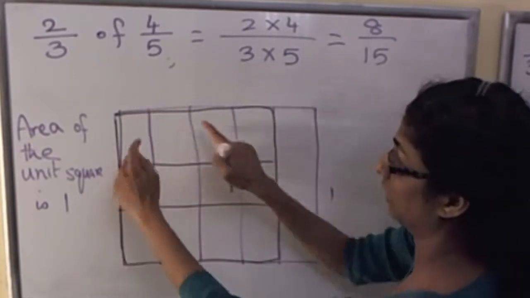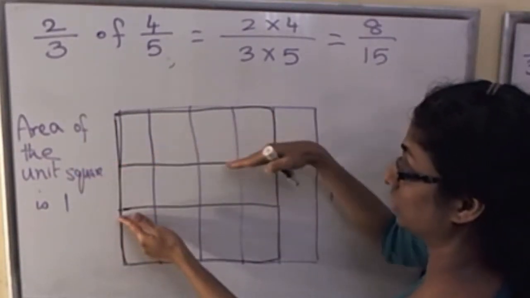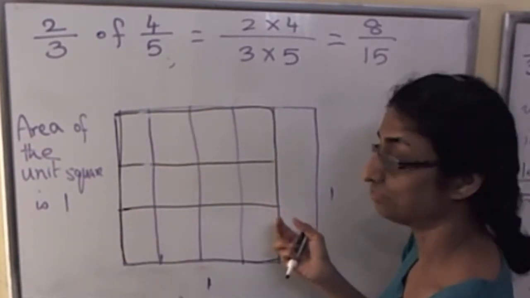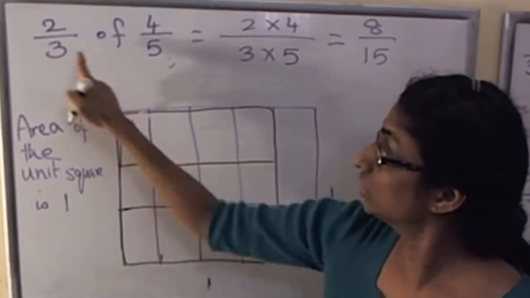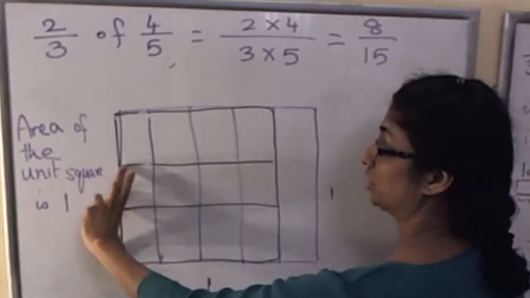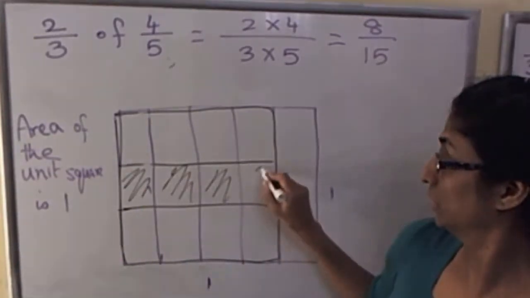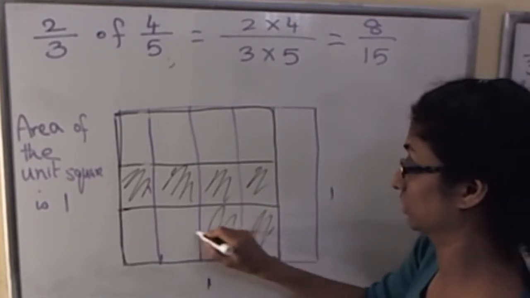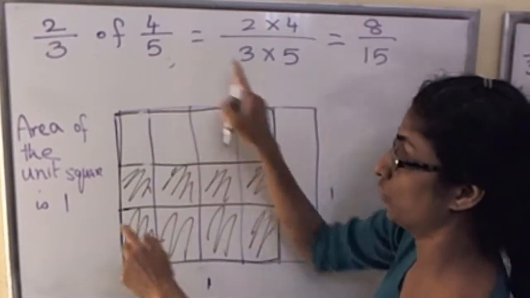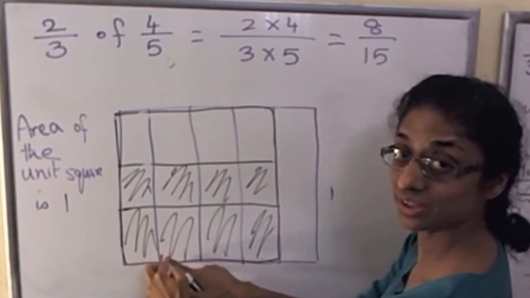So this black rectangle is now divided up into 1, 2, 3 parts of equal area. And now this 2 tells us to consider 2 of those parts. So let me do the shading. So 2/3 of 4/5 will mean the area of this shaded region.